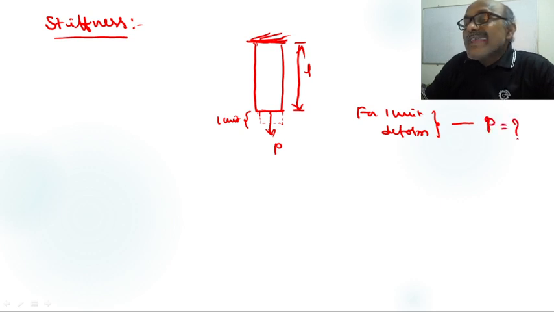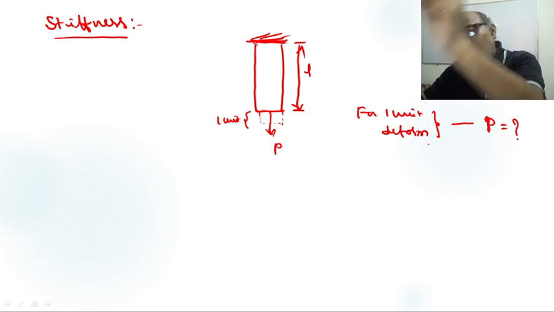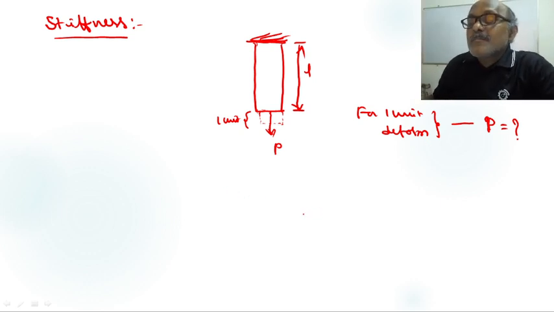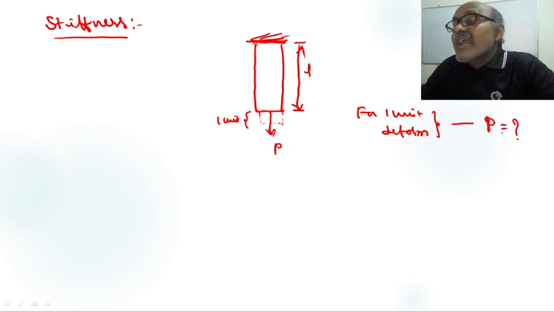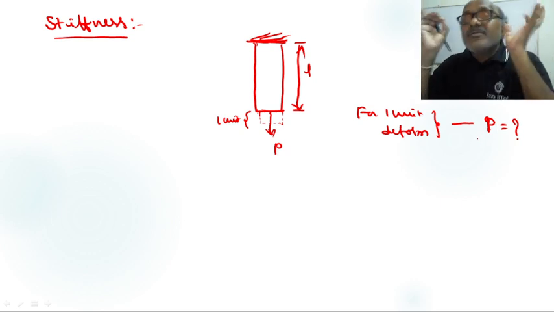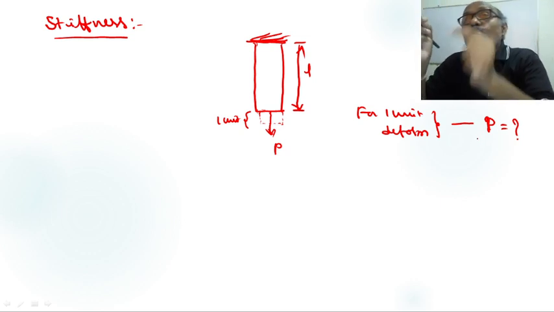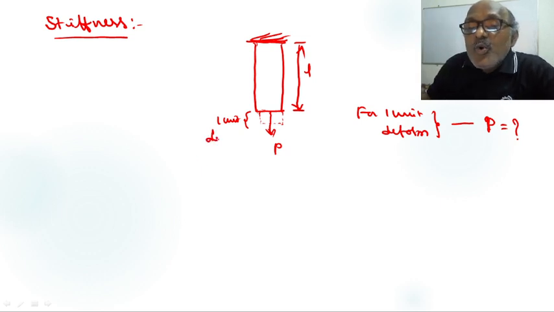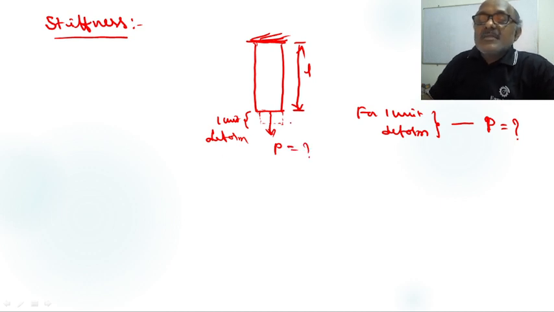That is called stiffness. For 1 unit deformation, whatever load is required, that is called stiffness. For making 1 unit deformation, how much P is required?